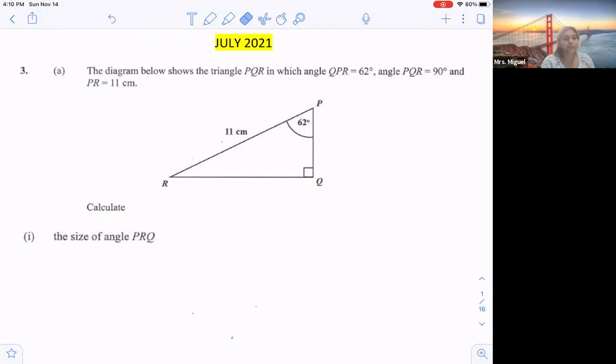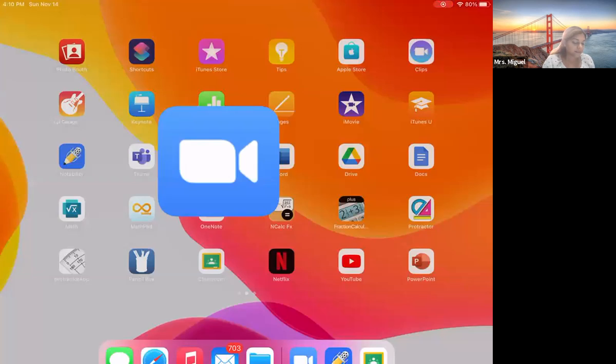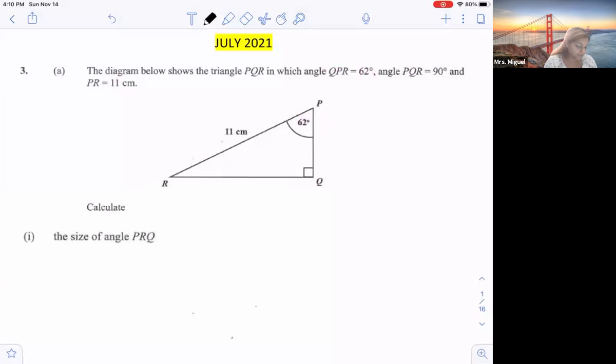From our knowledge, we know the sum of the angles in a triangle is 180 degrees.